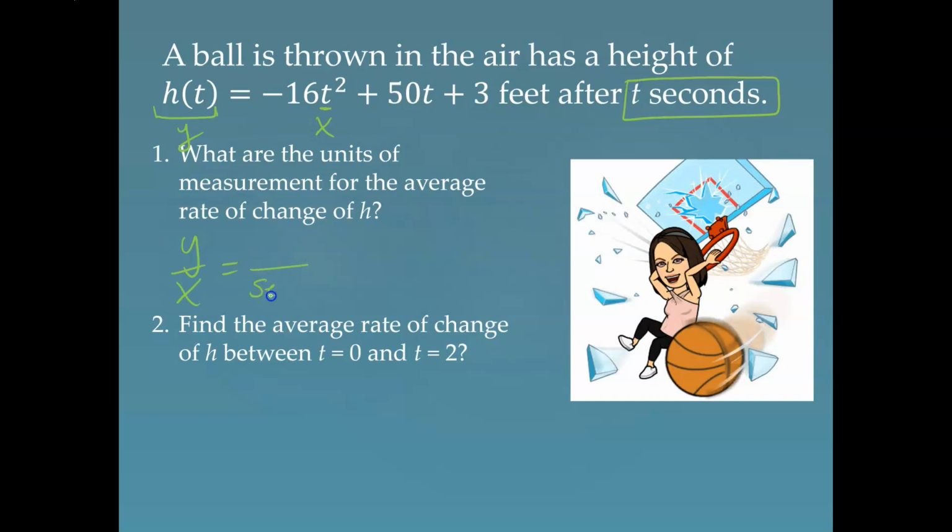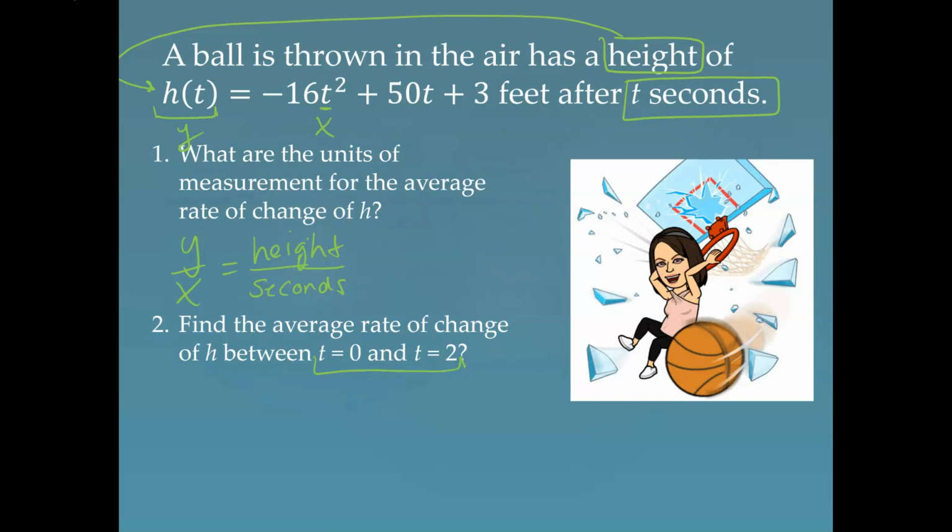So seconds are on the bottom, because that's where x is. And then it says that your height is represented by h of t, which is y. So my average rate of change units are going to be heights over seconds.